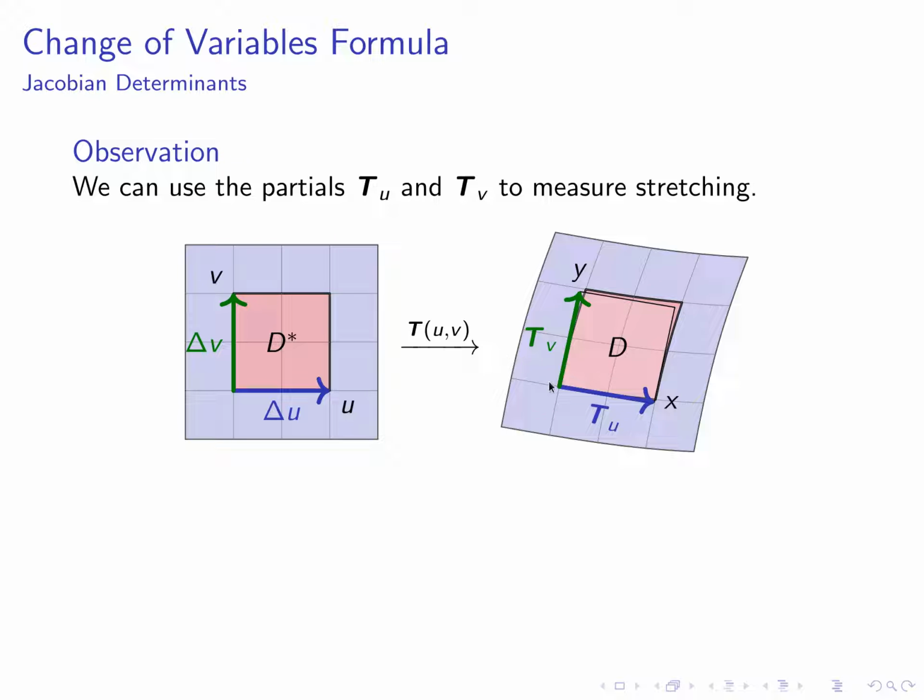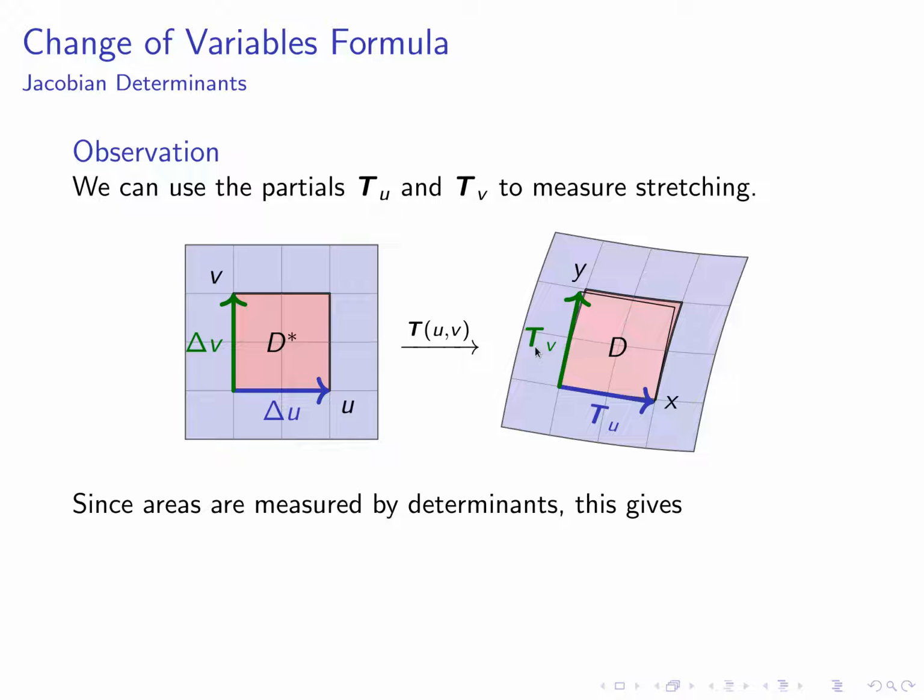And the idea is that the delta u is manipulated in the u direction by the partial derivative of our change of coordinates with respect to u, and our delta v is manipulated by the partial derivative of T with respect to v. So this is accounting for how the area is changed after this change of coordinates.